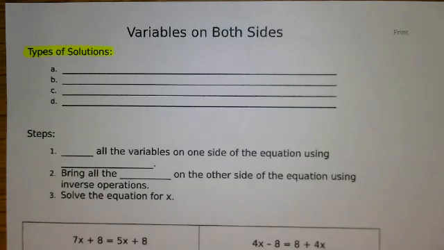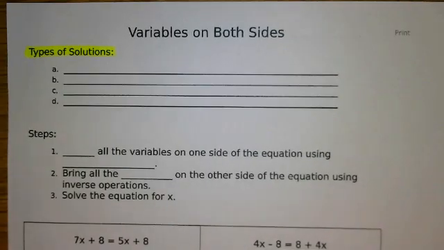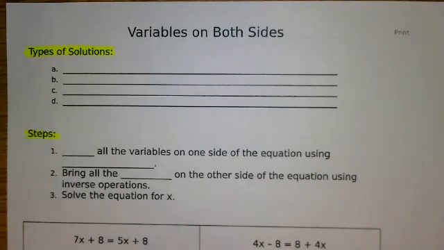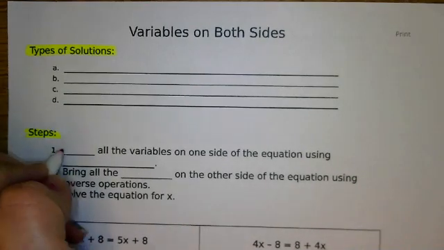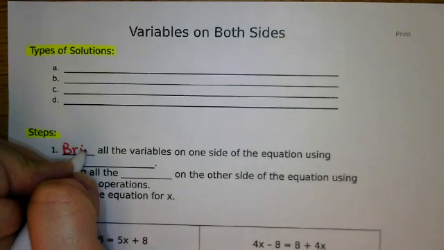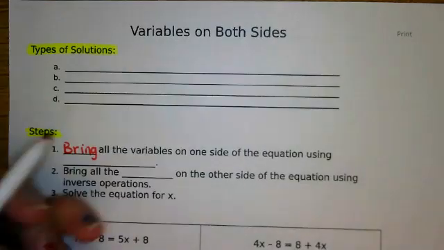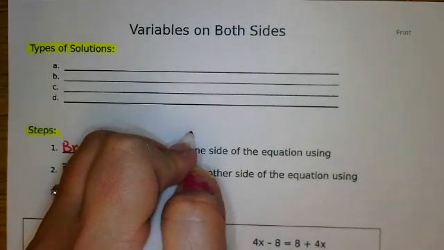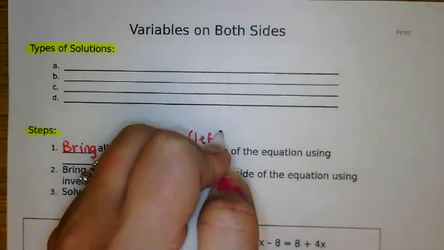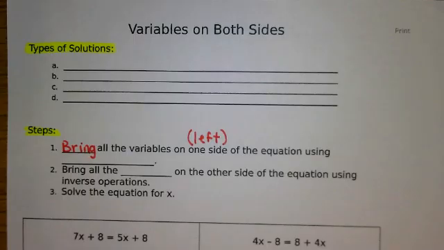So the first thing is, for your steps, you're going to bring all the variables to one side of the equation. And most of you, like I said, like the left side, so you can stick with that. But again, it's okay if you move it to the right side.